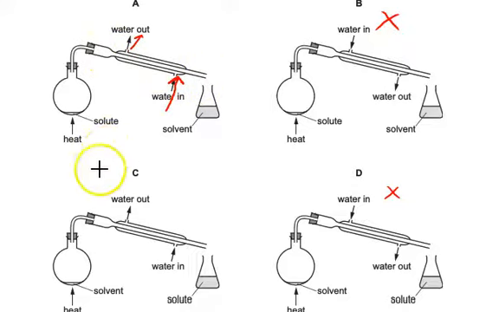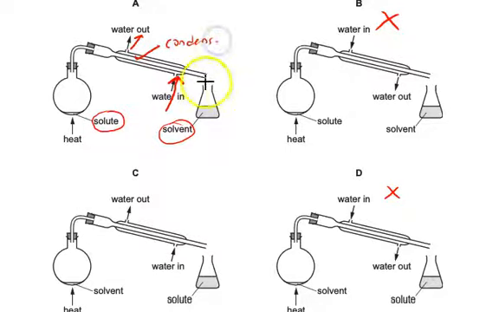Now the difference between A and C: you can see here there's a solute and solvent. Logically speaking, the solvent is mixed with water. Here we will have a condensation process happening, which is where we get the drips of water, or the liquid.